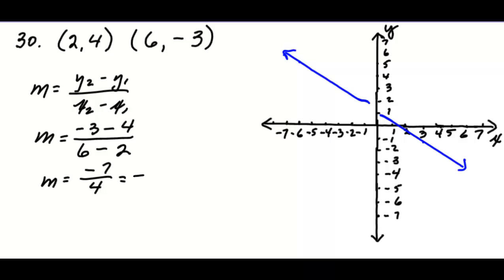And typically they just write it as -7 over 4 as an improper fraction. You could put -1 3/4 if you want to.